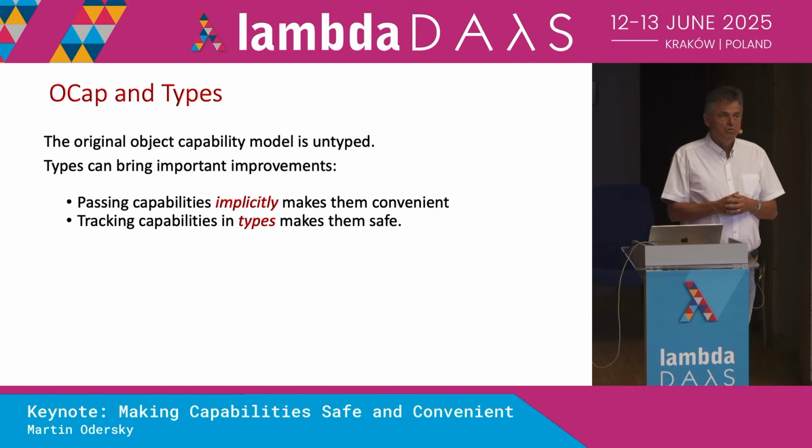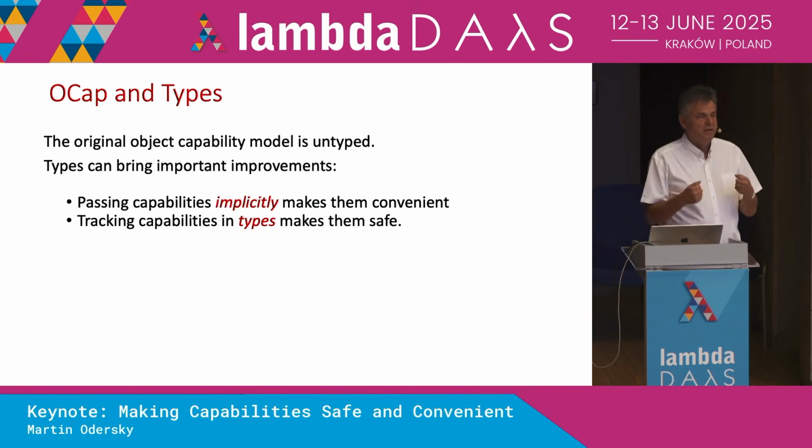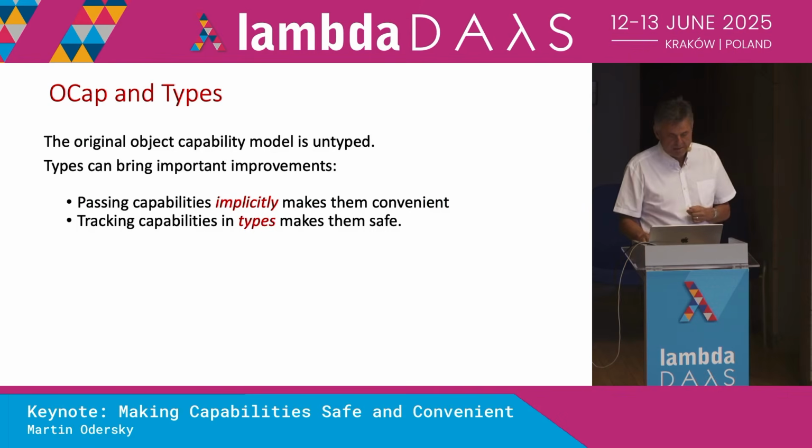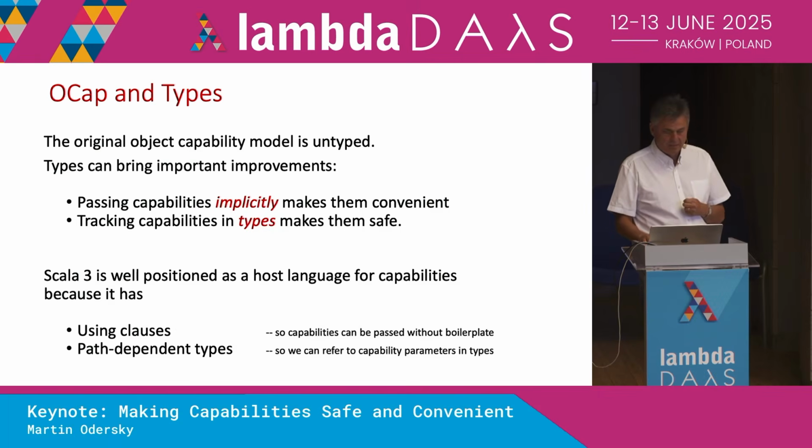But you don't need to explicitly write the tedium of passing all these capabilities from where you have them to where the next call needs them. So implicit parameters are a great help here. And the second thing, and that's essentially our current work, is that if we can reflect capabilities in types, we can make them safer.